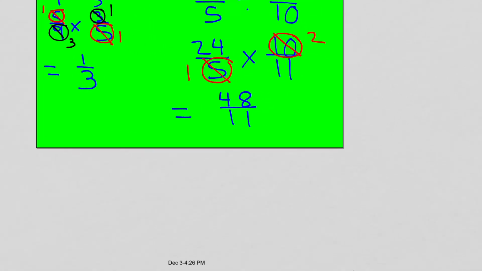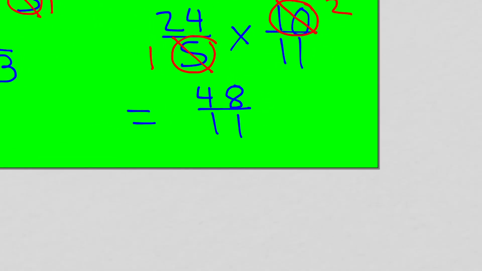Now a trickier mixed number here that we're going to get. 11 will go into 48 4 times. 4 times 11 is 44. Remainder 4 out of 11.